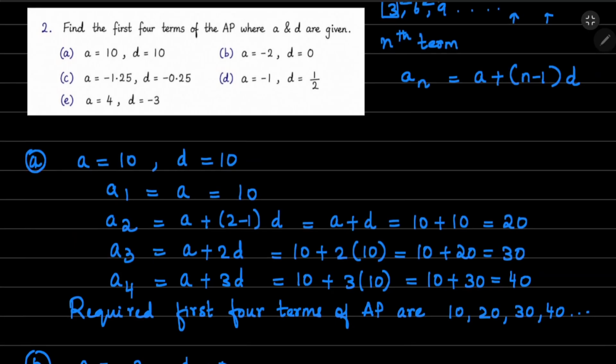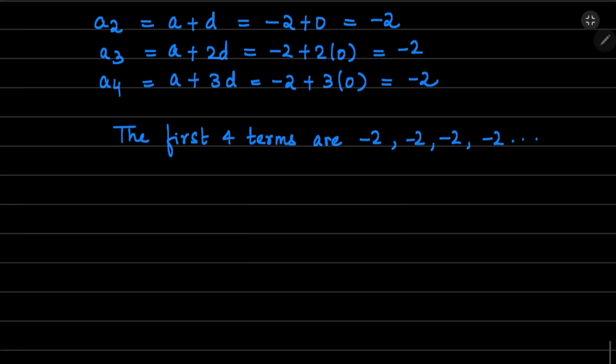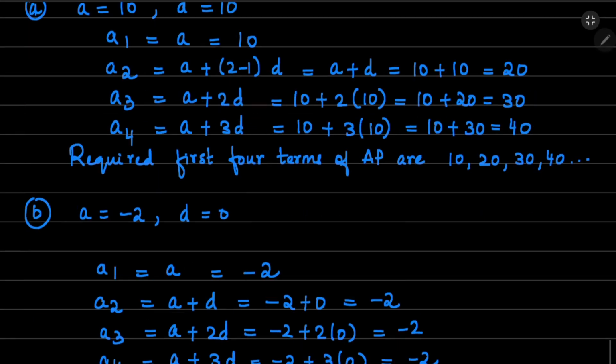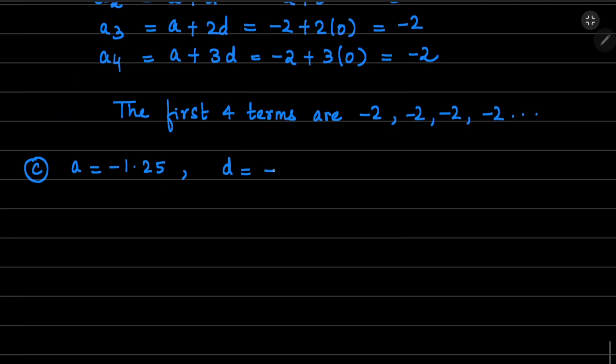Minus 1.25, minus 0.25. A is nothing but minus 1.25 and your D is minus 0.25. So what will be your first term? It will be your A itself, that is minus 1.25. What will be your second term?